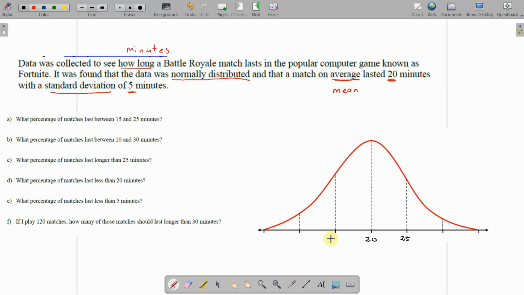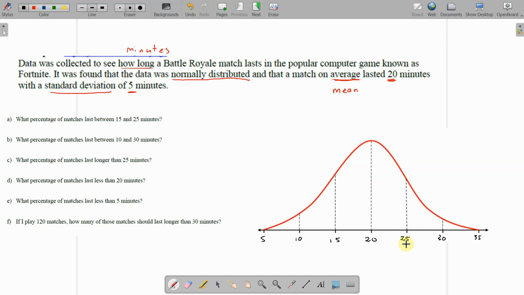Going back this way, we're down to 15, 25 to 30, 30 to 35. 15 goes to 10, and then down to 5. So that's the first thing we do. We fill in the divisions for each one of these dotted lines, which represents one standard deviation.